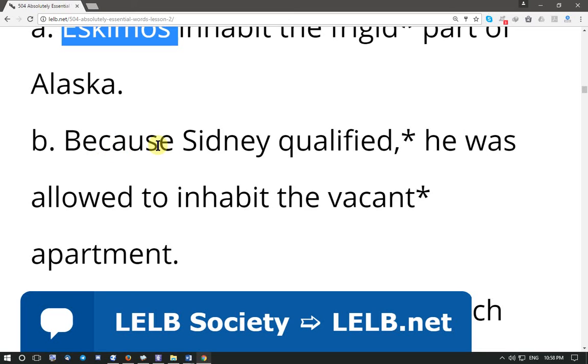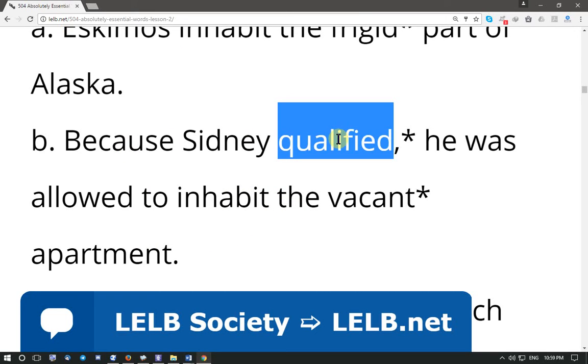Sentence B. Because Sydney qualified, he was allowed to inhabit the vacant apartment. So he just met the requirements. He qualified, or he was qualified. The opposite is disqualify. So he was a qualified tenant. Also you can say, let me write it down.